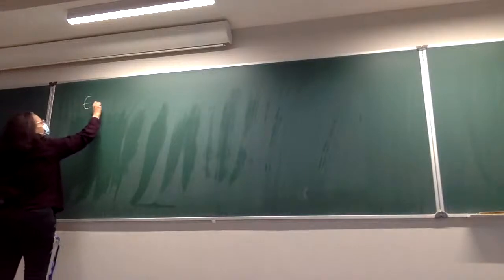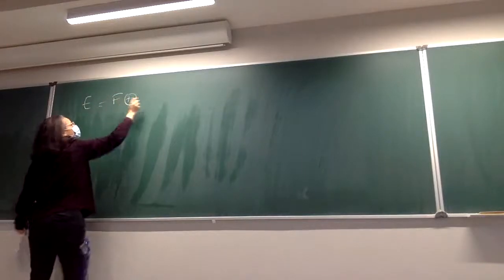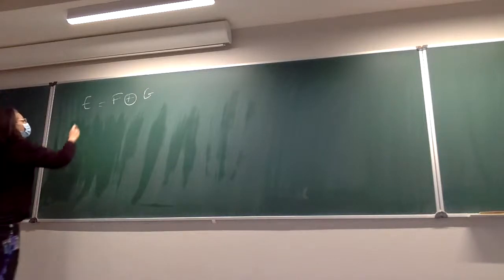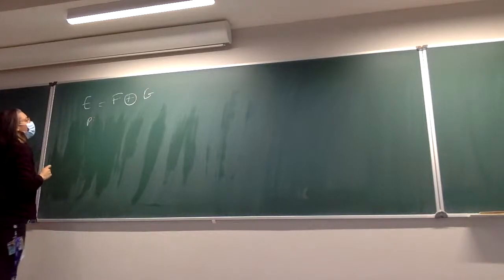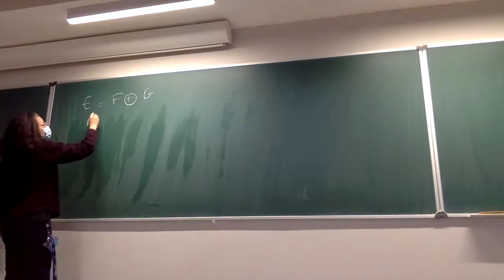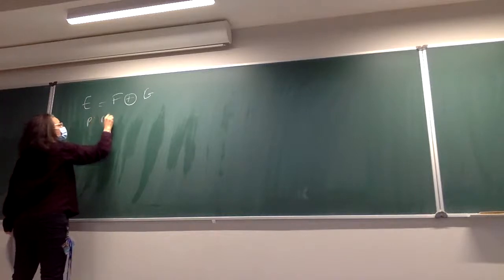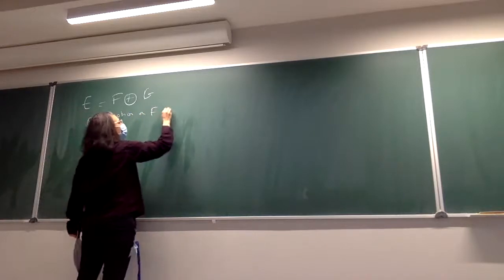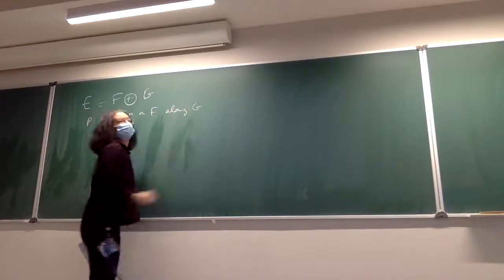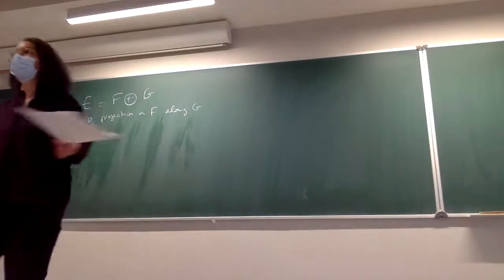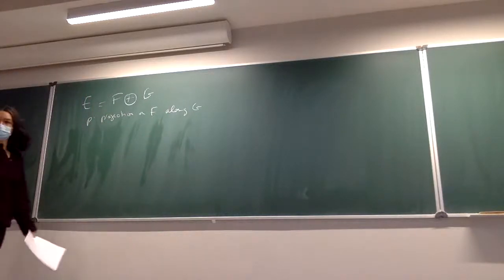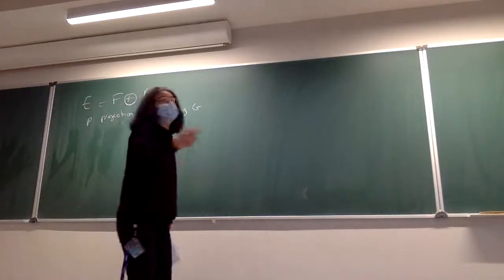Right, so we've got E equal to the direct sum of F plus G, and we have a projection P such that it's the projection on F along G. Okay, so projections, you can always picture, for instance, what can happen in dimension 2, that's the easiest.